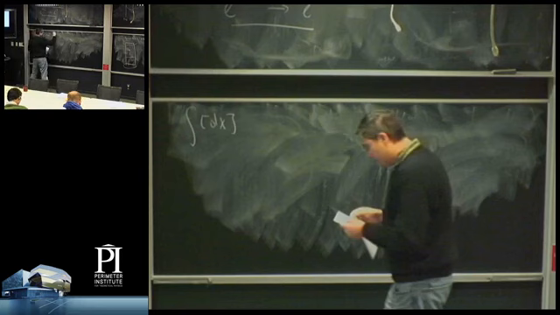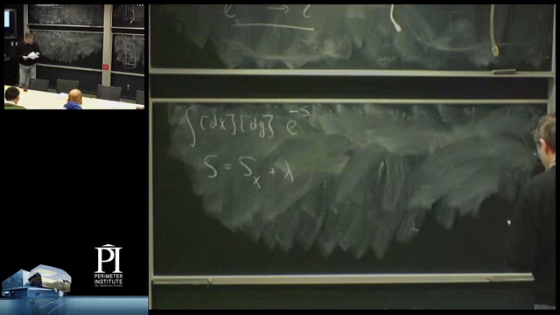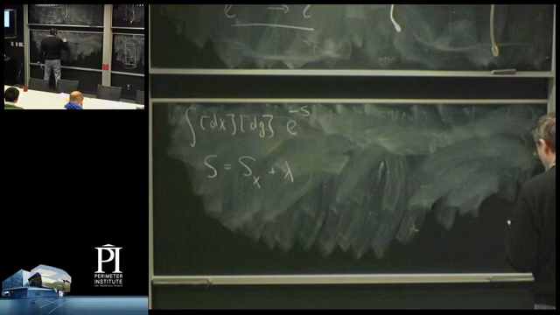Here I have e to the minus S, the action, and the action is the action for the scalar fields X. And then I'm going to introduce a constant lambda, and it will couple to chi, where chi is the Euler character of the worldsheet.